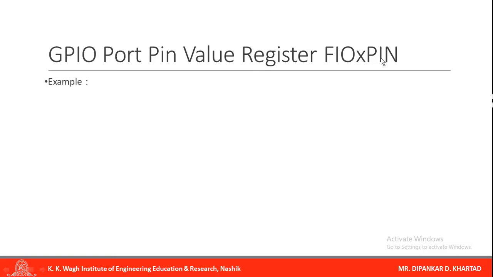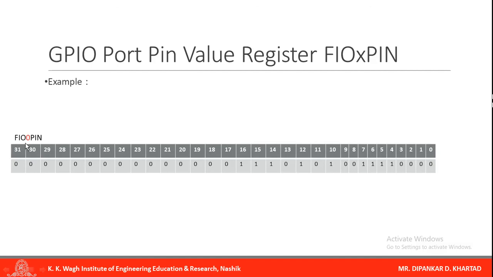Let's have a look at the example. This is the register. We want to produce high logic on pins 0, 1, 2, 3. And you know, if you want high logic, what do you have to do? You have to use which operation? Already covered.